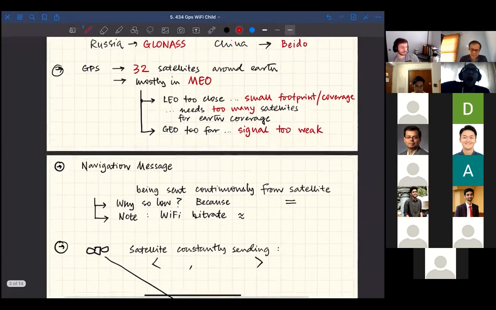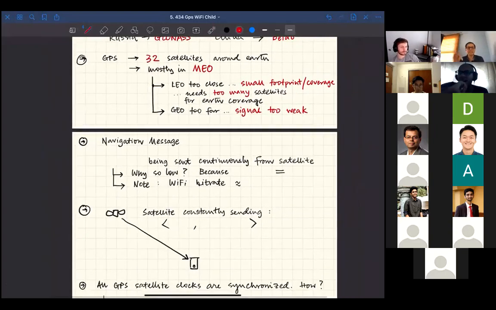So now what these satellites essentially do is send constant beacons, repeating signals saying, hey, I am so-and-so satellite, and this is my time. This is my timestamp, right? And they're constantly sending this.